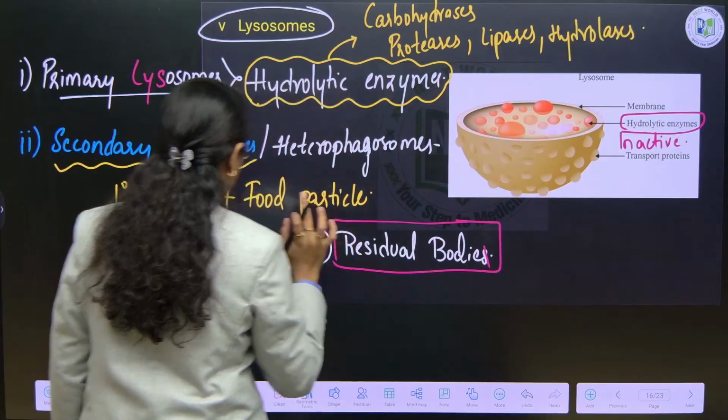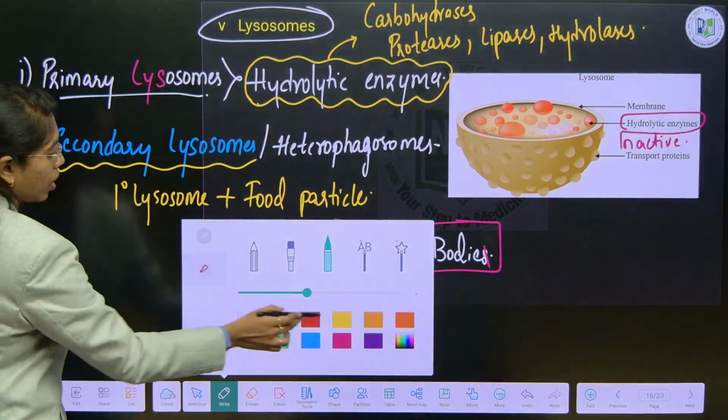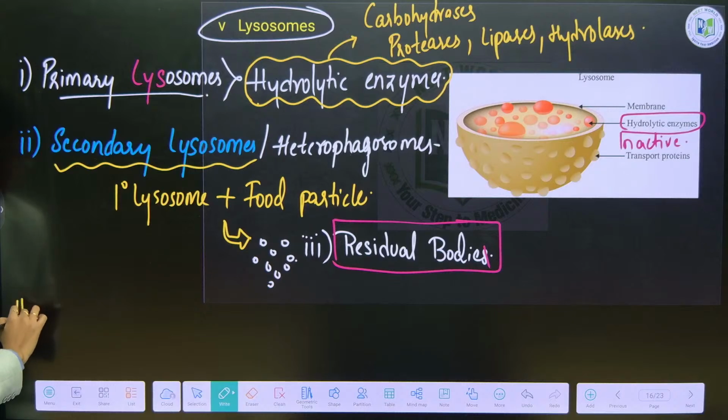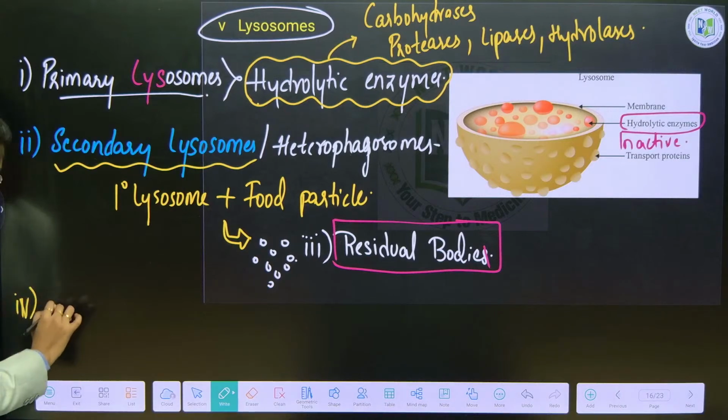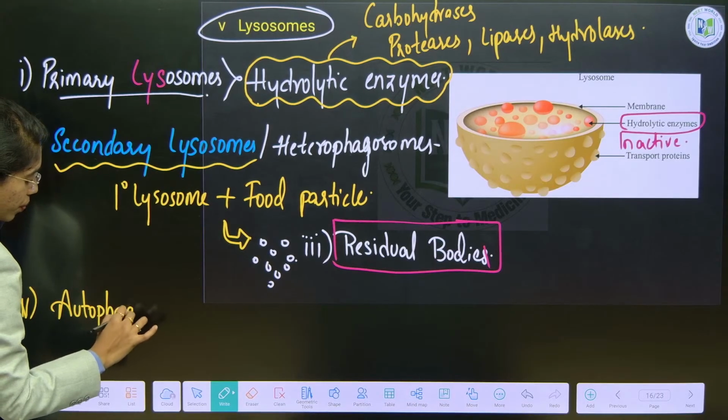And after residual bodies, the next is what? Autophagosomes.